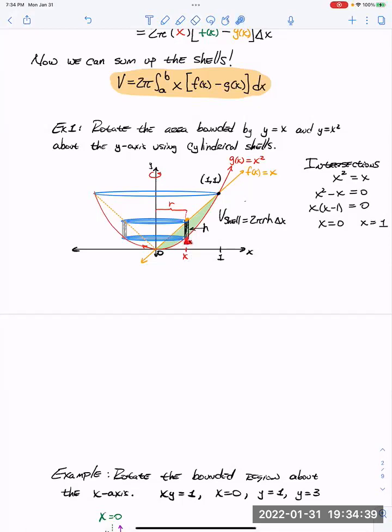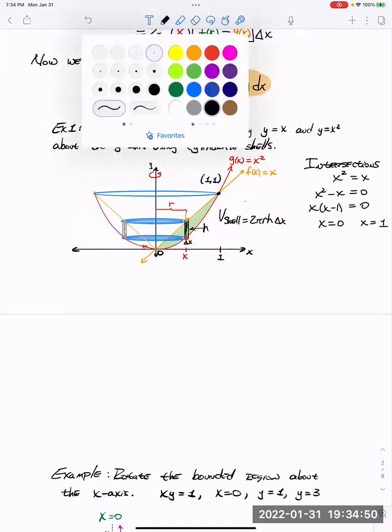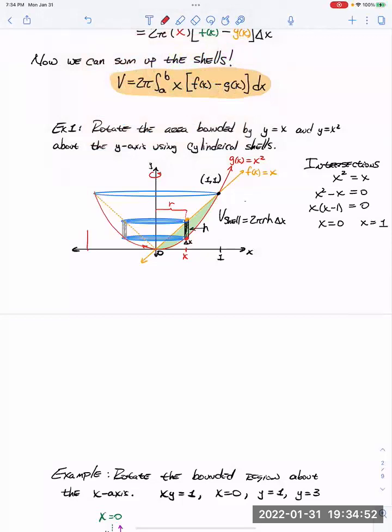You mean delta x? Yeah. Delta x is the thickness of the shell, because if you're partitioning the x-axis, remember when you partition an x-axis, you're creating delta x's. When you're making partitions like this, each of these right here are delta x's, because this is the x-axis.